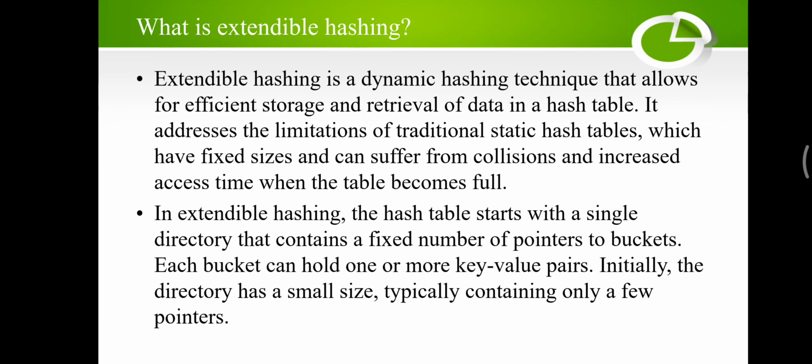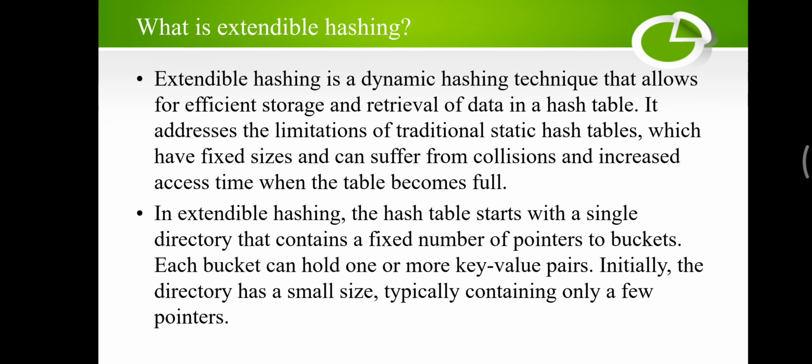Dynamic means the value or content can be changed whenever we need, but static means it's a fixed size, we cannot change it. So it is a dynamic hashing technique that allows for efficient storage and retrieval of data in a hash table.